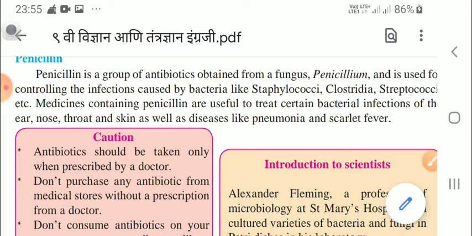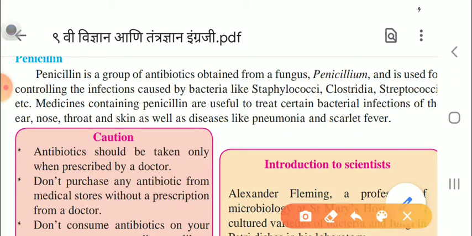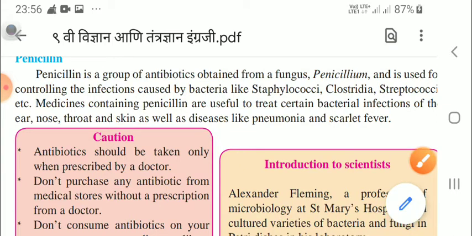And the other one is scarlet fever. So these two diseases are also cured by this penicillin. So what is scarlet fever, children? Scarlet fever is a bacterial infection in which especially children are getting affected, and these children are getting fever as well as rashes.